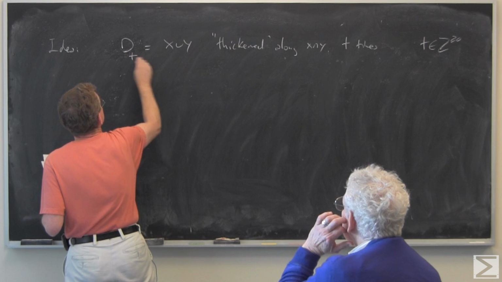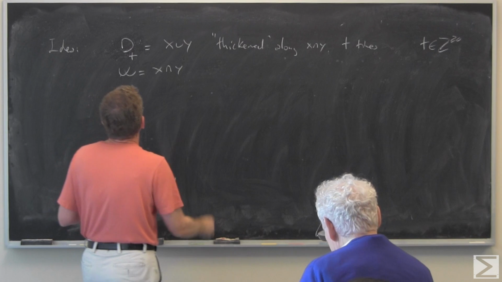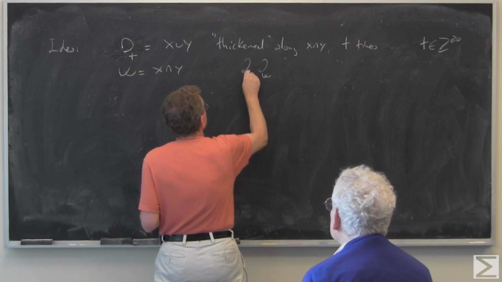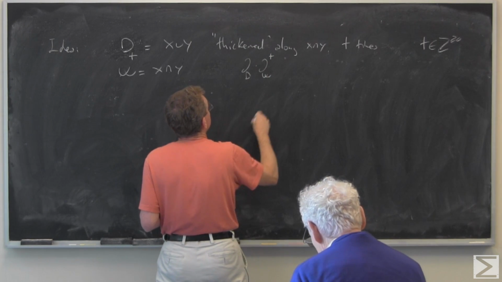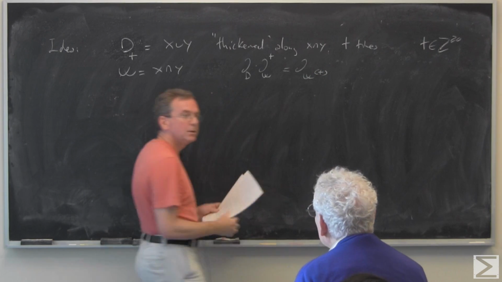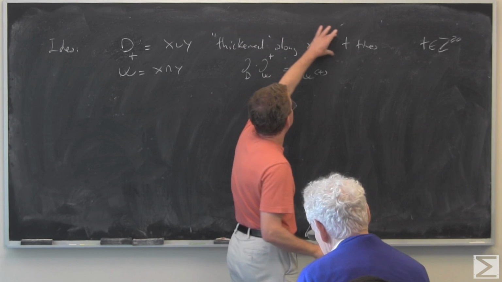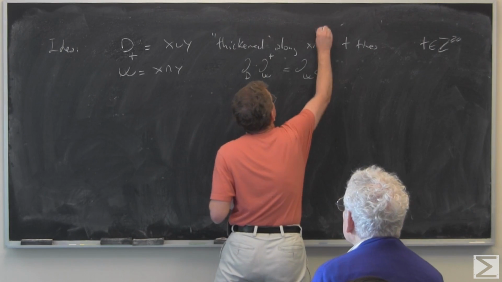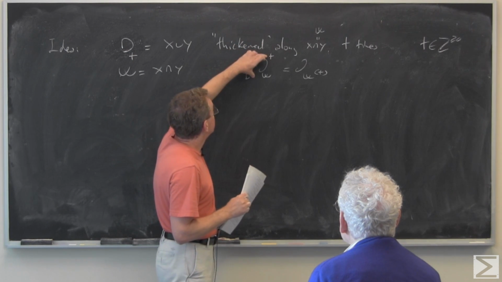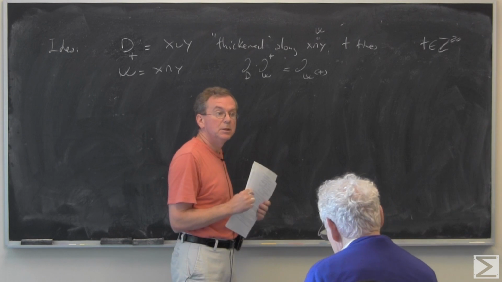D_t will denote this. W will be X intersection Y. And then I have the ideal of W. I take its t-th power, and this defines a subscheme which I call D_t. Okay? So this is what reminds me of what's going on. I'm taking a certain subscheme of D, take a power of its ideal, and using that to define a non-reduced structure on this divisor.